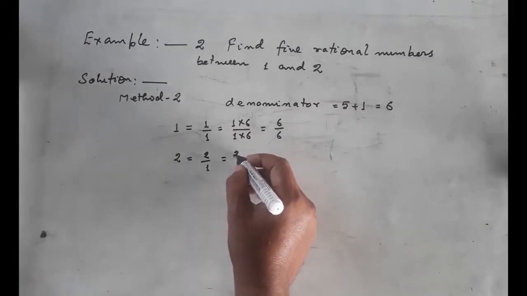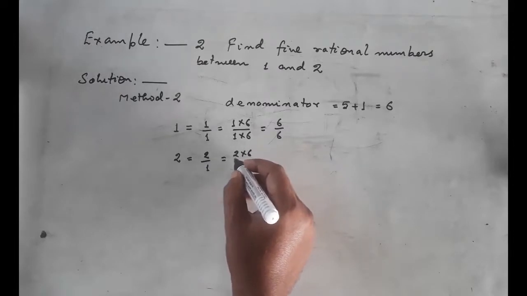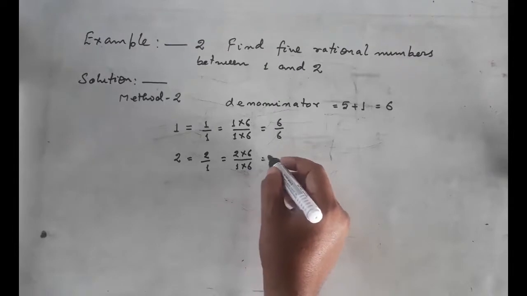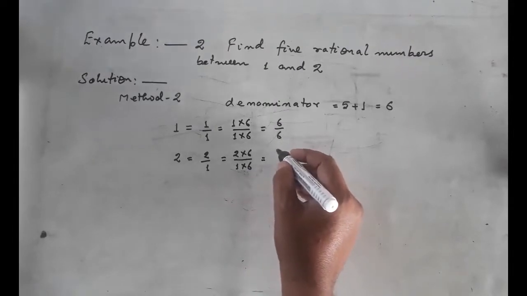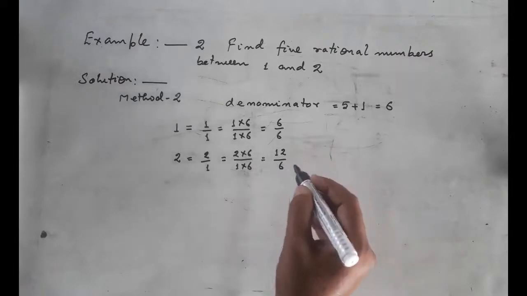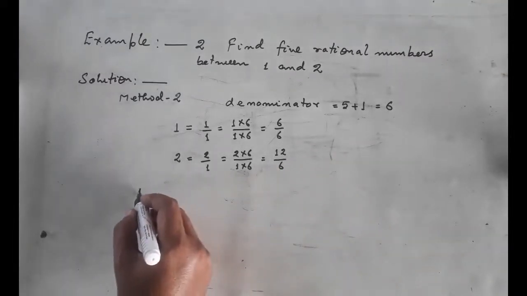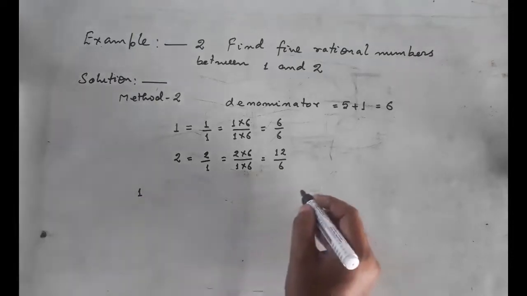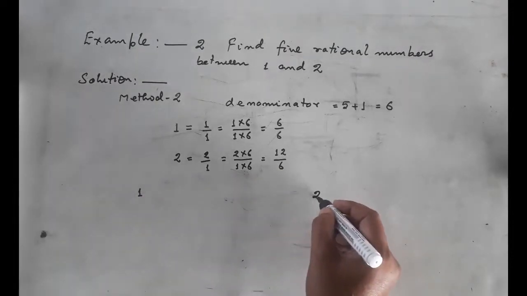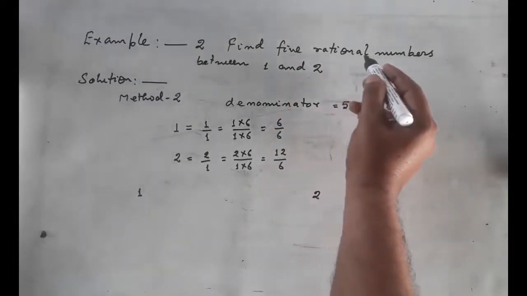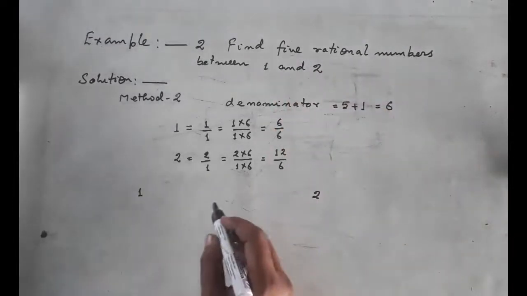On multiplying 6 on numerator and denominator, you find 12 by 6. Now your first number is 1 and your last number is 2. We have to find 5 rational numbers between these.